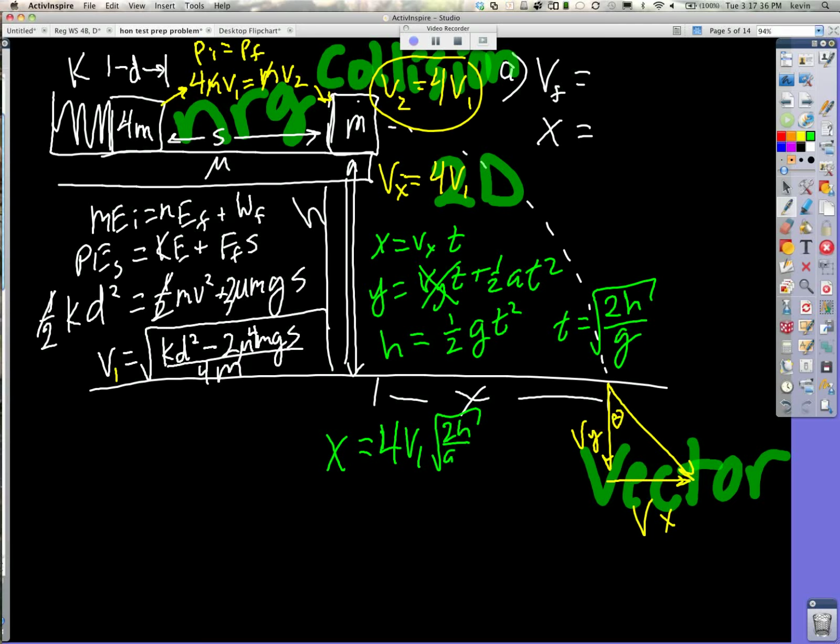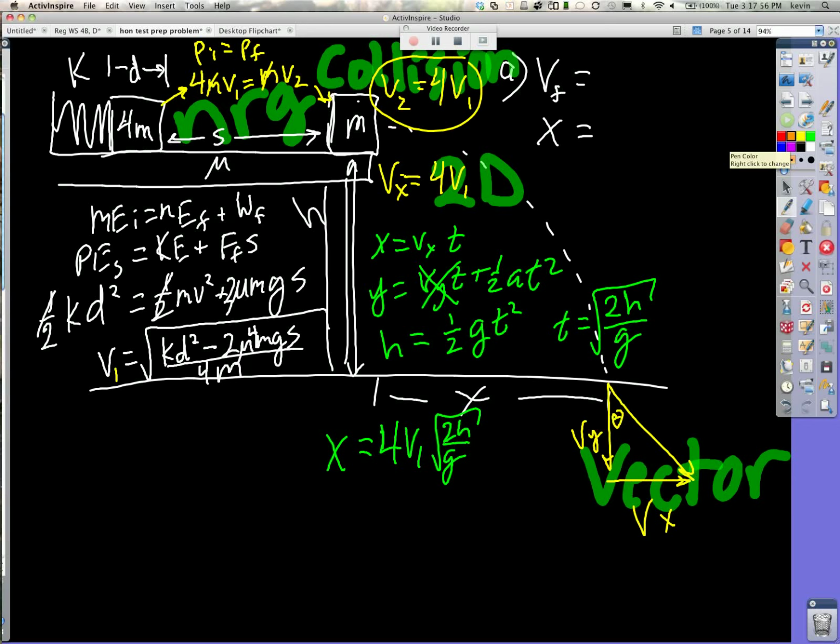And then to find Vy, there's like several different ways you can do it. Since I already know time, I'm going to try to use orange, see if this works. Vy, I'll say, yeah, I know time, so it's V0 plus at.